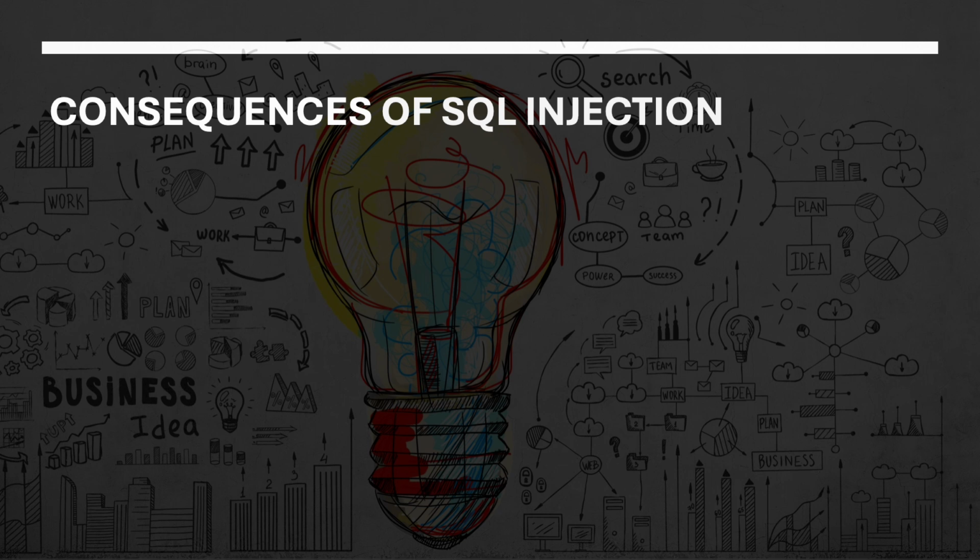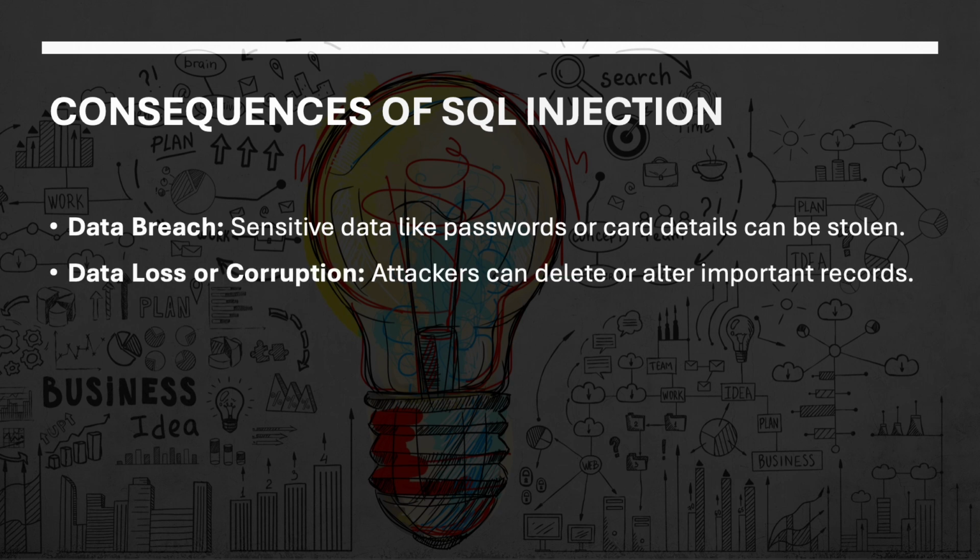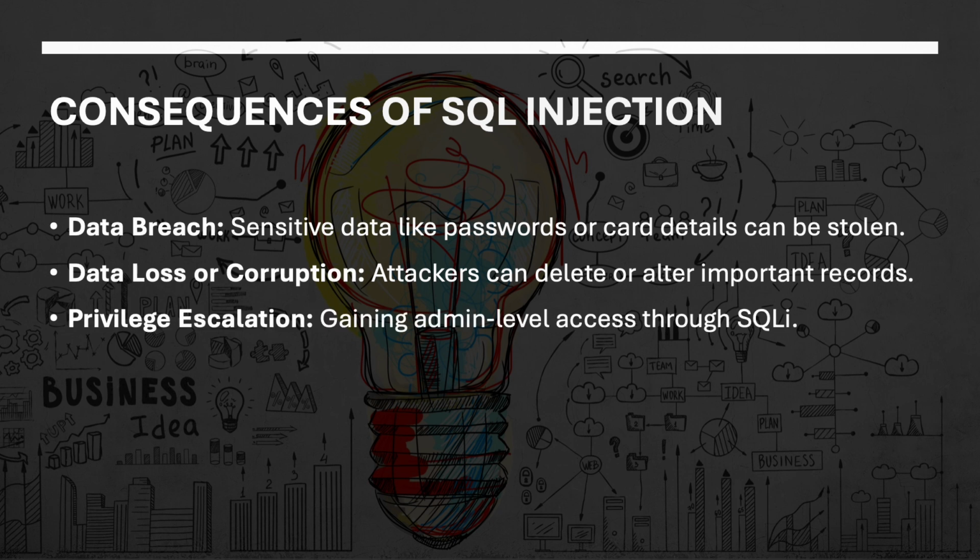While we will talk about prevention in the further slides, let's see the consequences of SQLi and how severe it can be. First, we can have data breaches where sensitive information like passwords or credit card numbers can be stolen. Then we also can have data loss or corruption from unauthorized deletion or modification. We also could have privilege escalation, giving attackers admin level control.